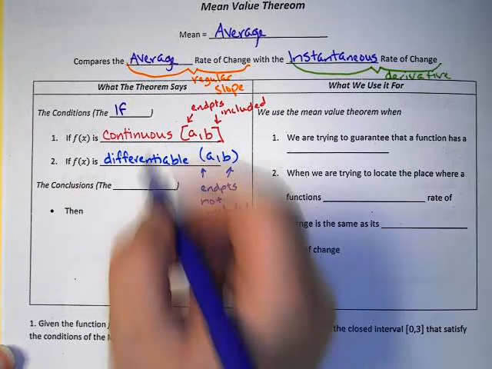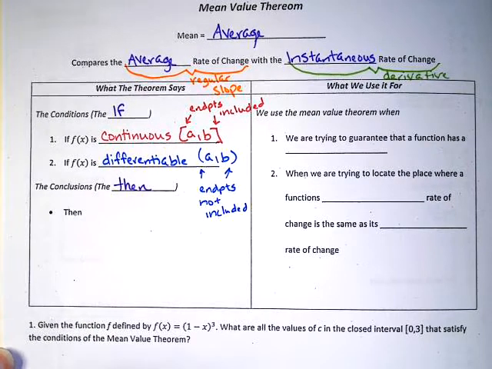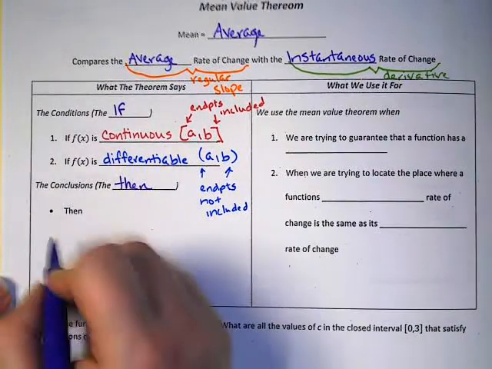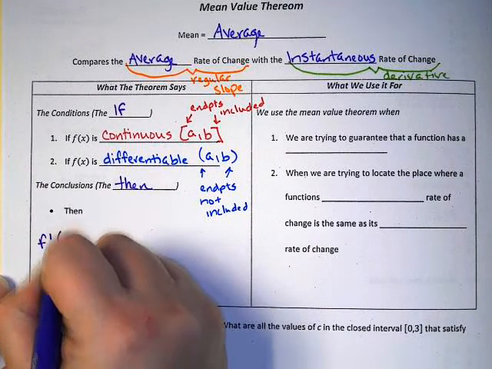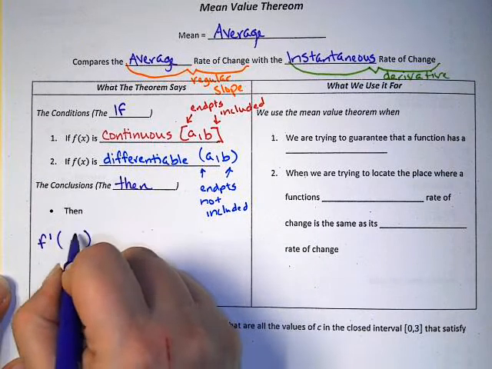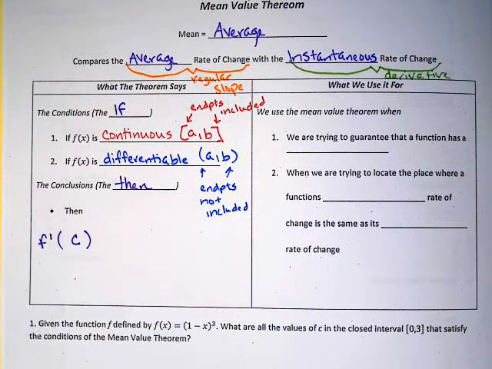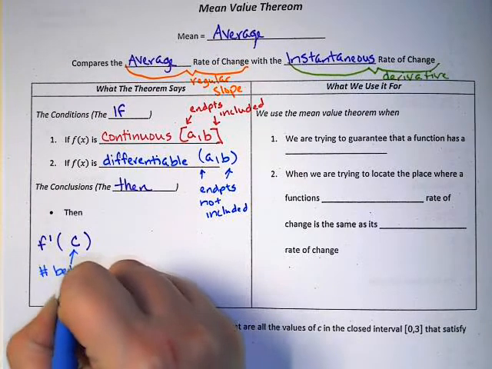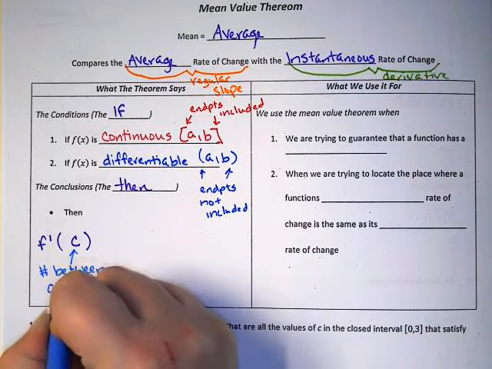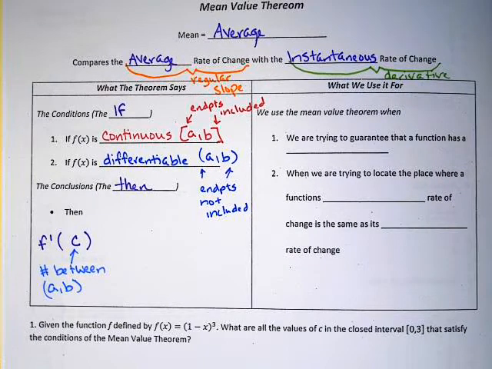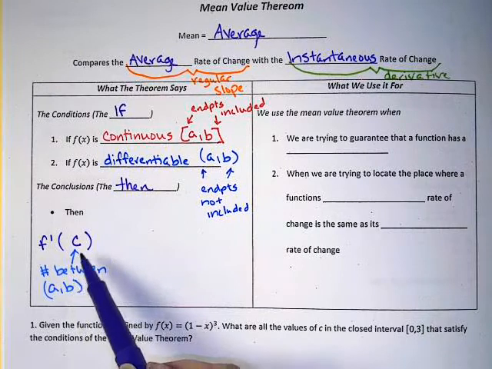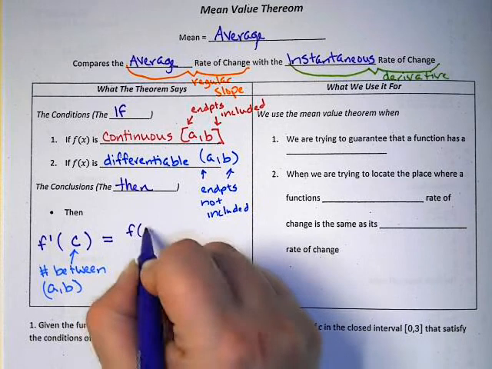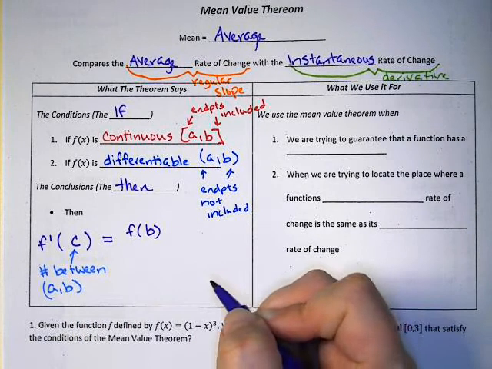The conclusions then, so the thens of our theorem, the mean value theorem says if these two conditions are met, then the instantaneous rate of change, so the derivative, at some value c, which has to be a number between a and b, must equal the average rate of change on the interval.